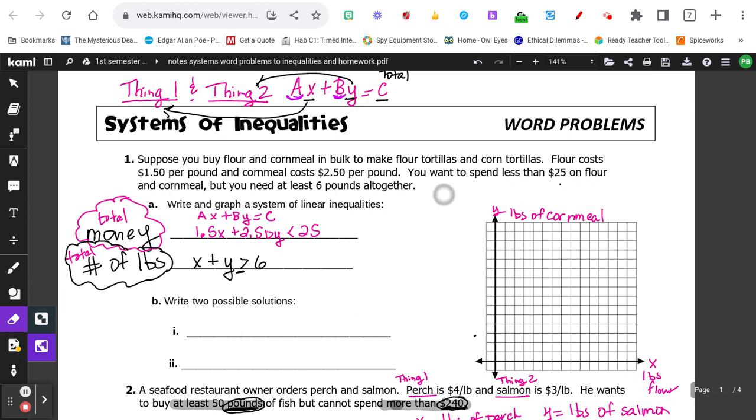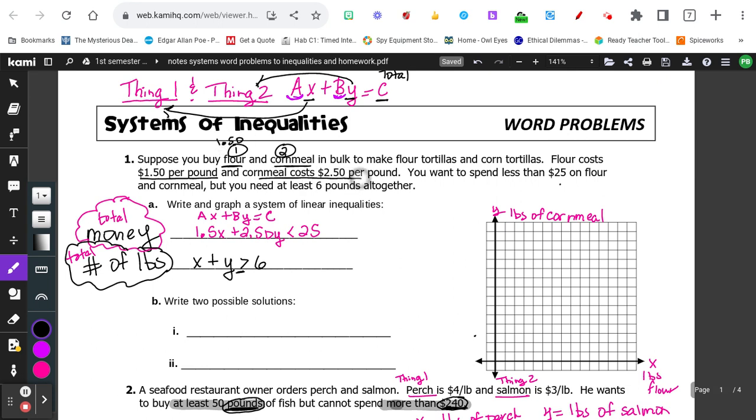All right, so to go back, it says you want to buy flour and cornmeal in bulk. Thing 1, thing 2. And it says flour costs $1.50 per pound, so I know $1.50 is going to go with the flour.